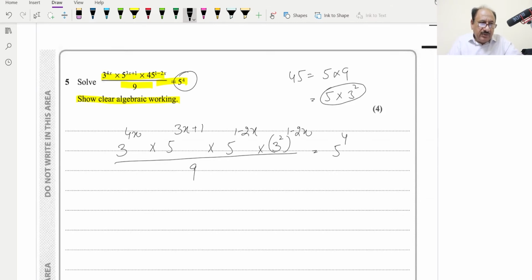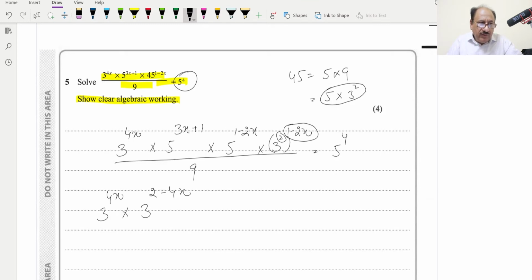Now we can combine 3 raised to the power 4x, and into 3 raised to the power 2 multiplied by 1 minus 2x, and this will be 2 minus 4x.